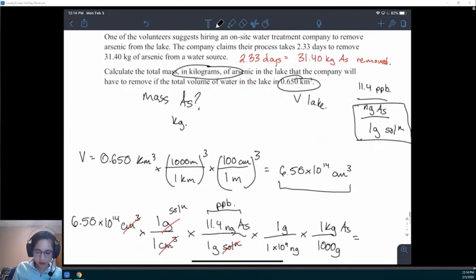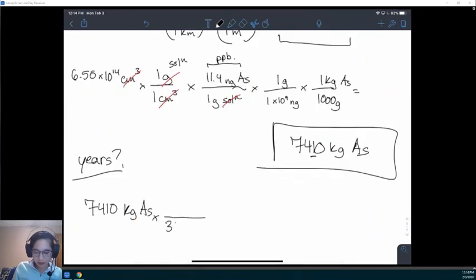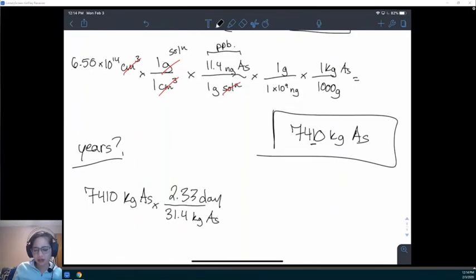31.4 kilograms of arsenic can be removed in 2.33 days. Oh, but it wants it in years. So you can use the conversion factor for a year, 365 days in 1 year.